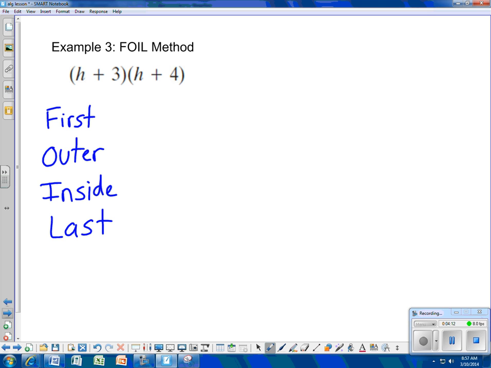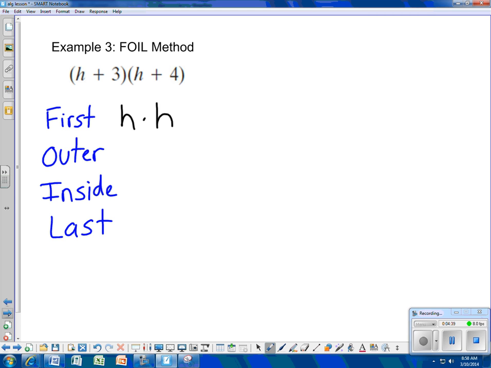Now, what this means to this problem, we have 2 sets of parentheses. The first is the first letter or number in each parenthesis. So in this case, it would be h and h, the first letter in the first parenthesis and the first letter in the second parenthesis.